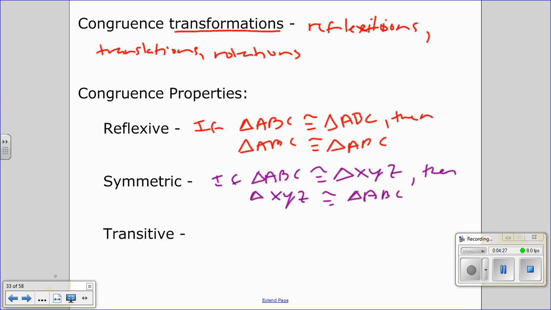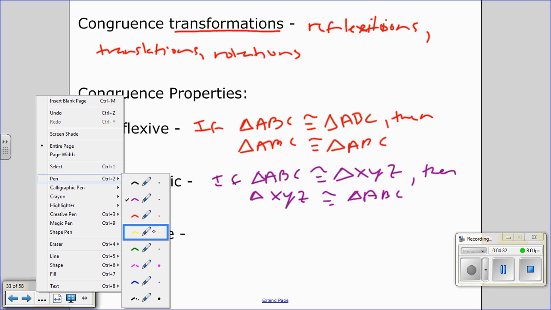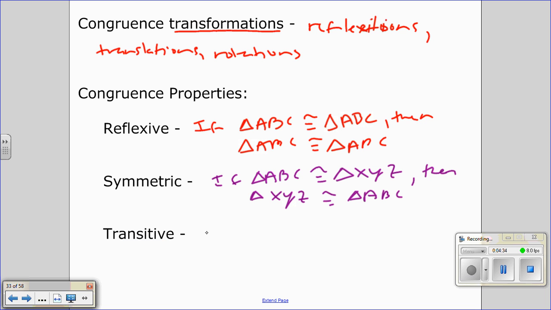And lastly, transitive, we talked about this a couple times already. You look for a repeat in the middle. So it would look something like this.